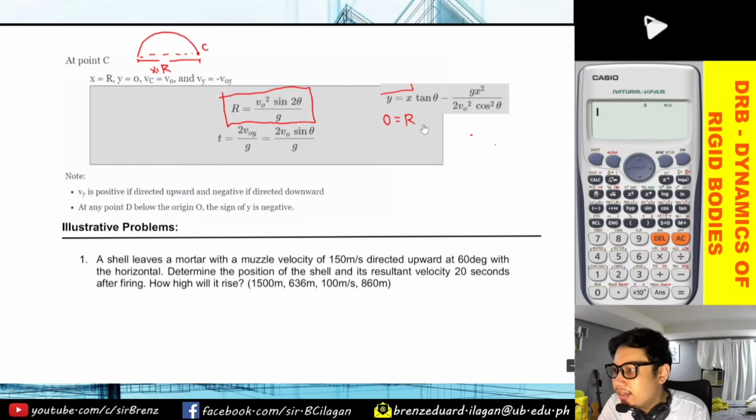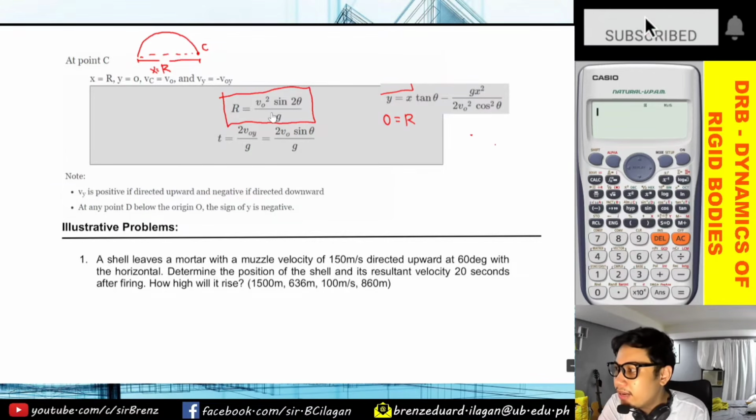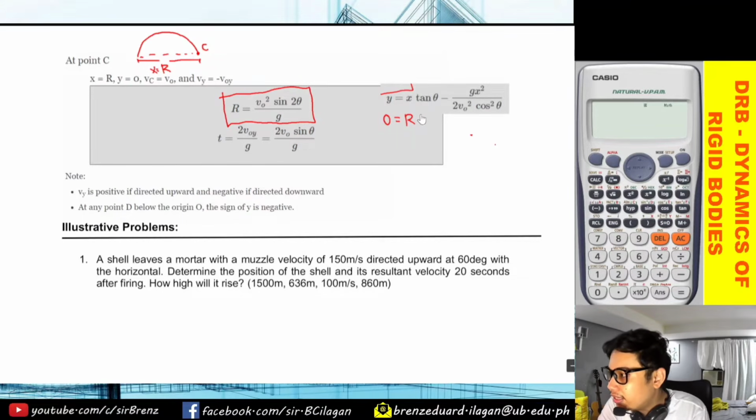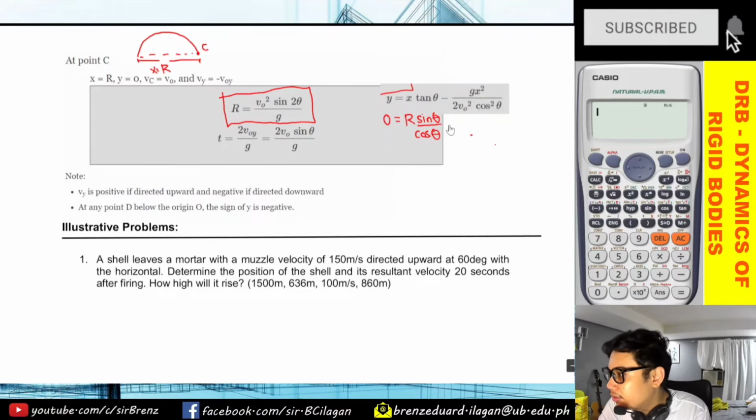And then, tangent theta. So, ano bang hinahanap natin? Ito yung pinapalabas nating equation. So, anong gagawin natin dito sa tangent theta para makapagkamukha yan? Sige, try natin na expand to. Sin theta over cosine theta, minus g x squared. So, i-retain natin, g.